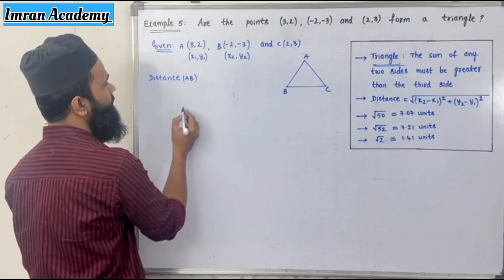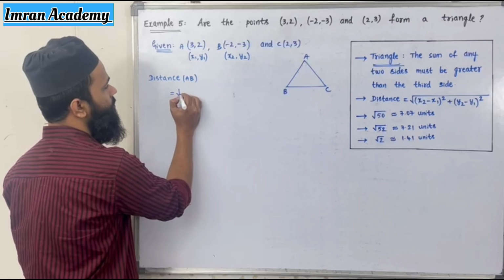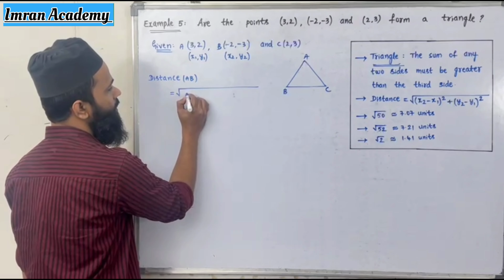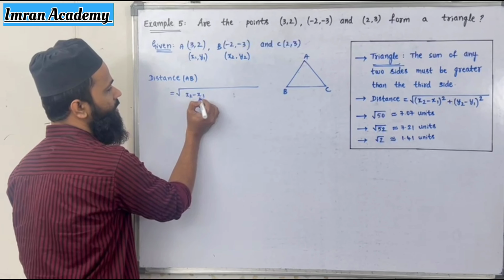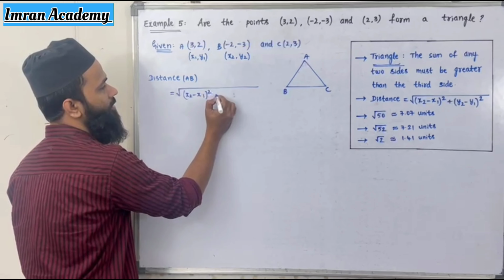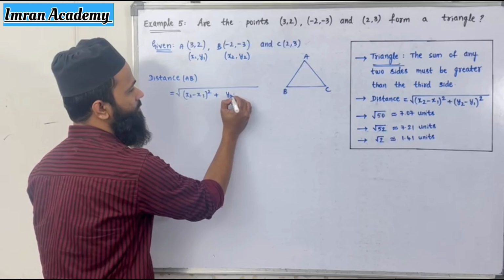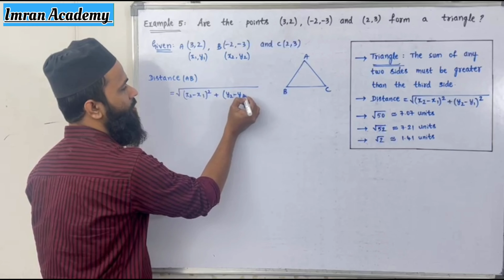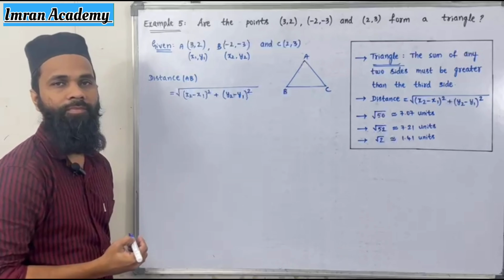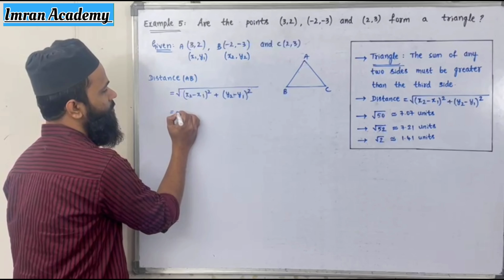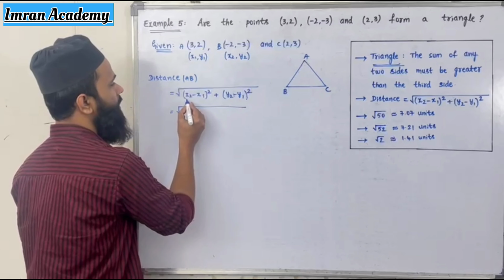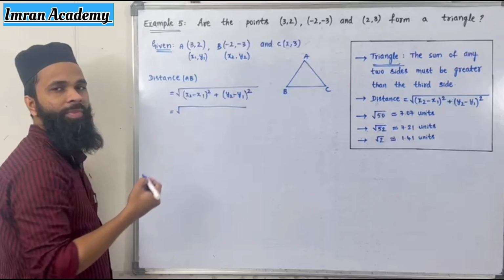Distance AB is equal to square root of (x2 minus x1) whole square plus (y2 minus y1) whole square. x2 is minus 2.